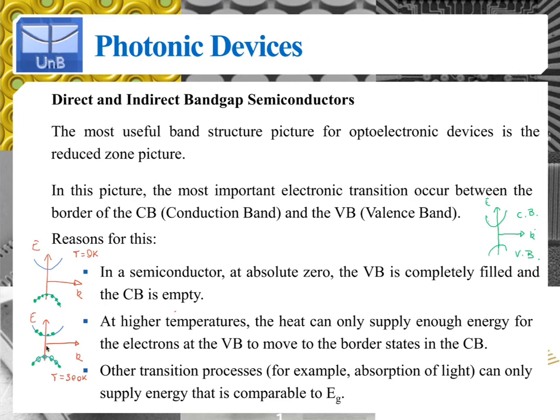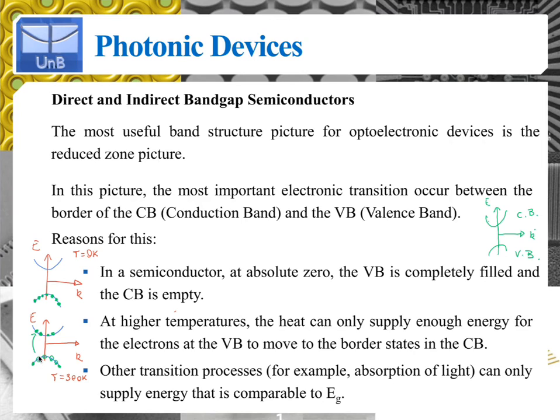The least energy difference will happen between the borders of the bands here. And as the electrons move up, like so, they will leave behind empty states, which is what we call holes, which I've represented as empty circles here.